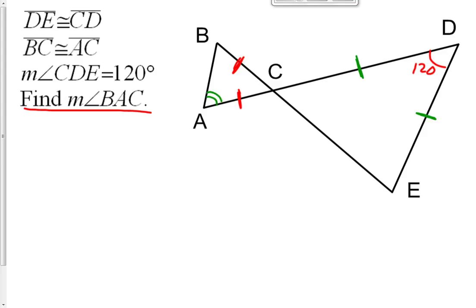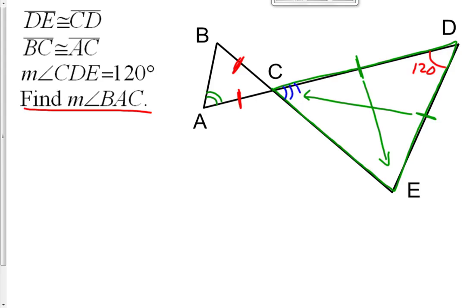Alright, well, if you could kind of talk this through with me, this green triangle is isosceles, isn't it? Because two sides are congruent to each other. The two legs, CD and DE, are congruent. So that means the angles opposite those congruent sides, those two base angles, are congruent.